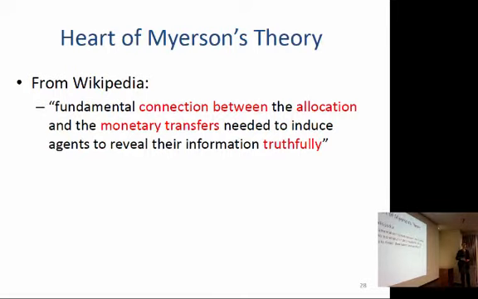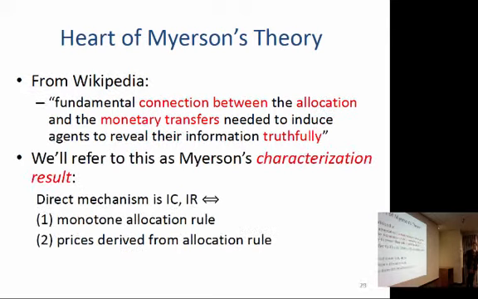Here's the heart of Myerson's theory, according to Wikipedia. His main contribution was to find this fundamental connection between monetary transfers and allocation that you need to get truthfulness. Throughout this talk, I'm going to refer to this as his characterization result.